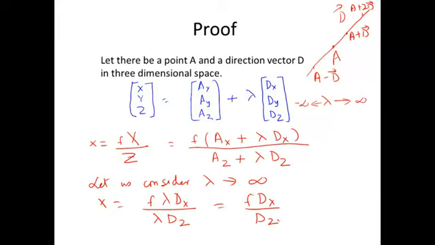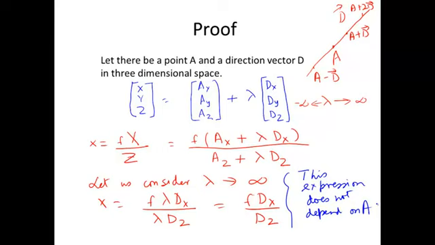Now the interesting thing here is that this expression does not depend on A. Therefore, if we have a family of parallel lines, they all will have the same direction D, but they will go through different points A, but the projection coordinate x does not depend on that.